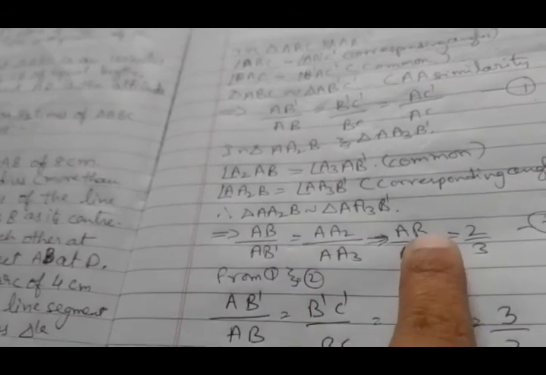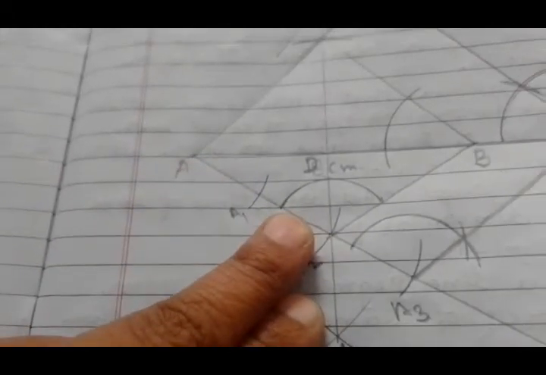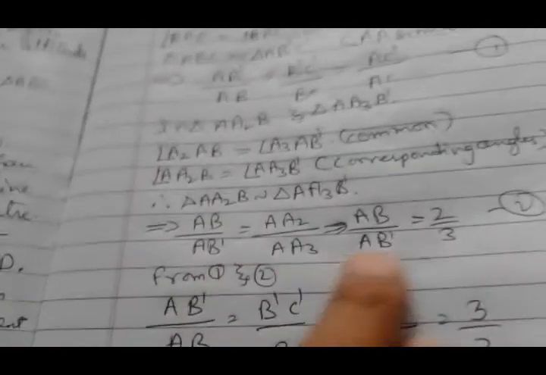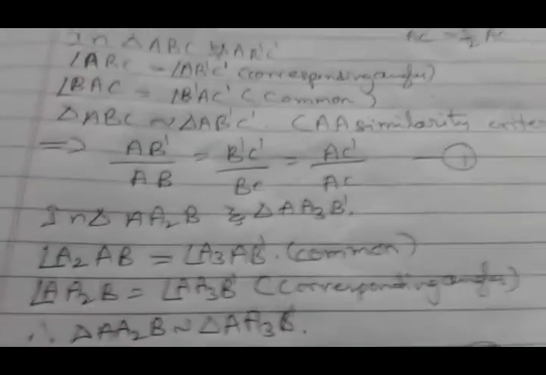See this one, these two are the two parts and this is one part, and AB dash by AB is A3 by A2. This is equal to 3 by 2.